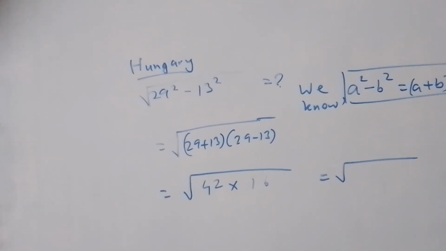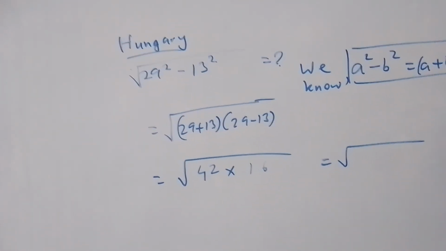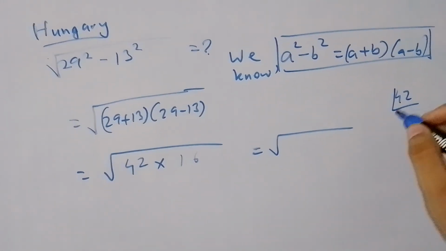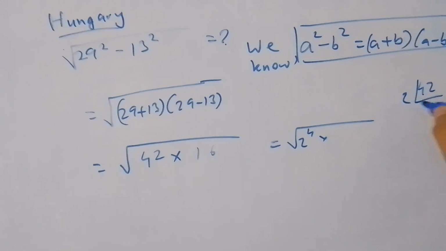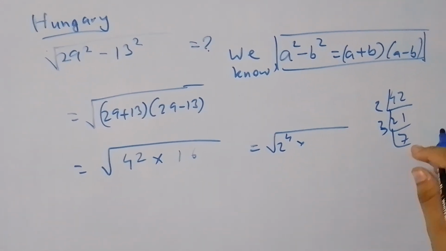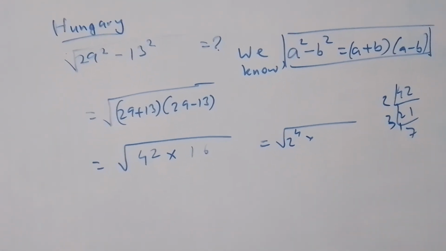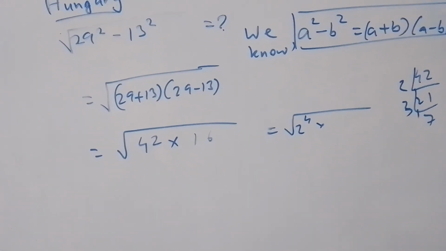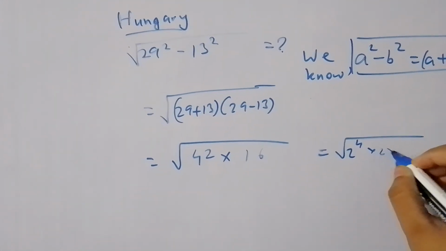So what does it give? Do the prime factorization. We know 16 is 2 to the power 4, and 42 is 2 times 3 times 7.